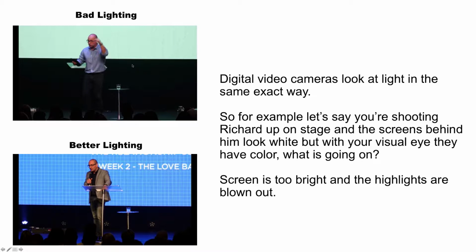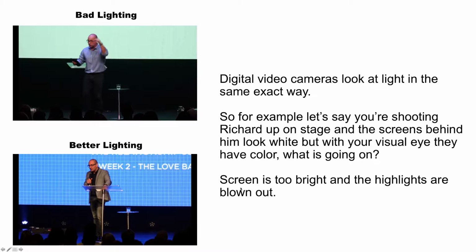And of course, how do we combat this? Well, there are two ways to combat that. We bring the exposure down so that we can capture the color information. Or the other thing, and this was the solution that we used the following week, is that we brought the brightness or luminosity of the screens behind them down, so that we had balance at that point.